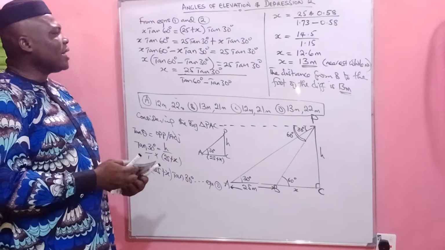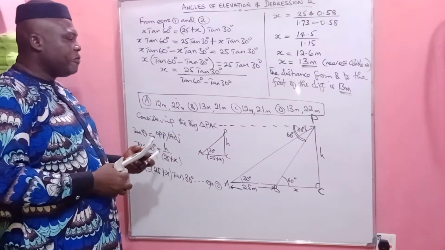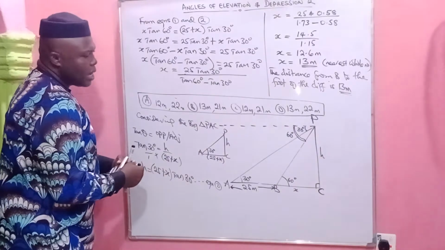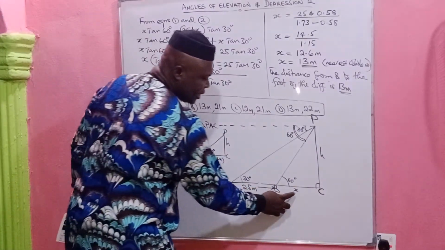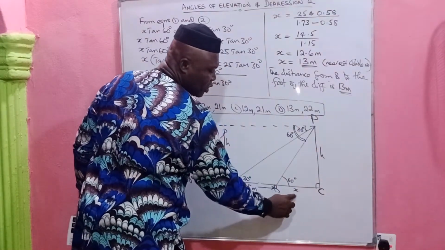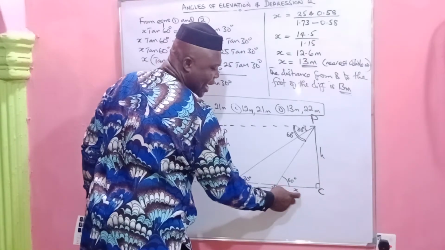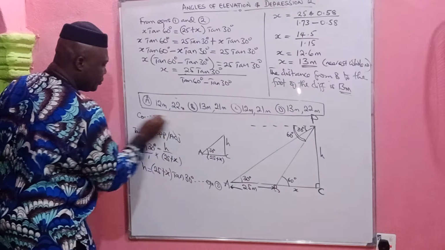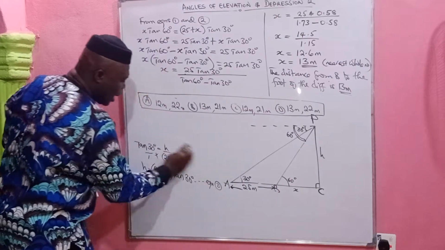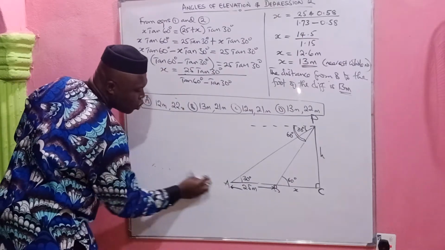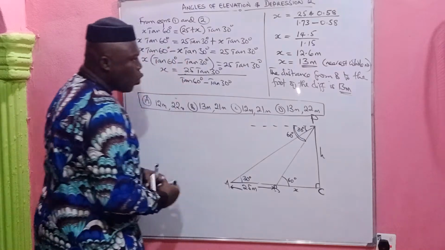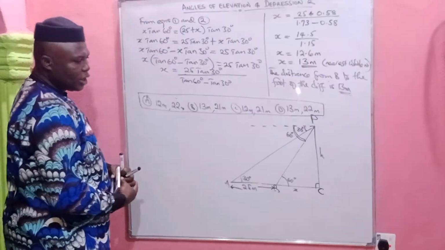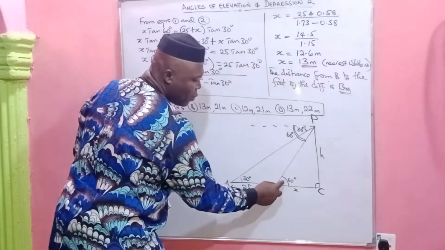Now the next part, it is very easy for you now to find the height, because we have been able to find the distance from B to the foot of the cliff, which is x. With that, we can get the height. For us to have the height, we want to consider only the small triangle, where we have this as 60.